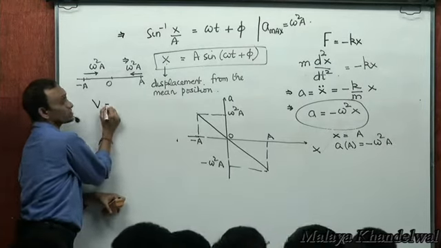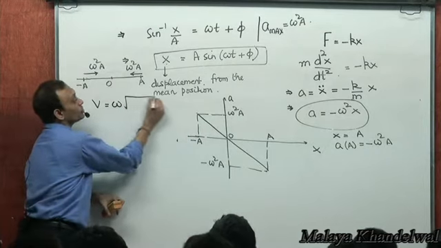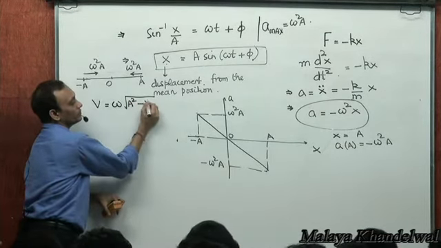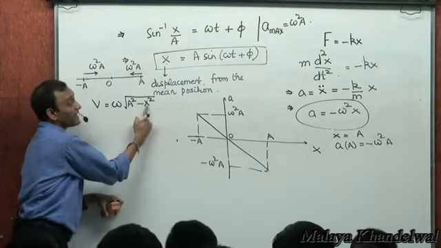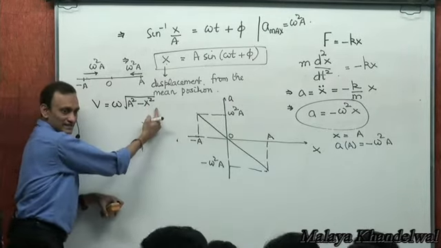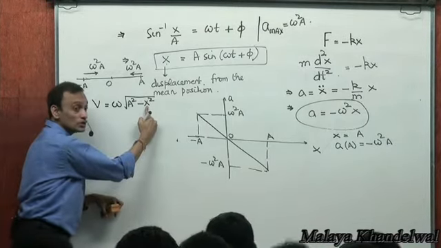v, the speed of the particle at any given instant as we obtained, was omega root a squared minus x squared. As x increases, v will decrease, right? So v will be maximum when x is 0.